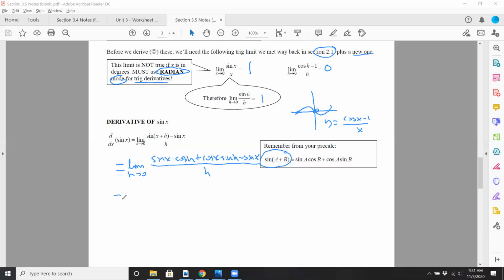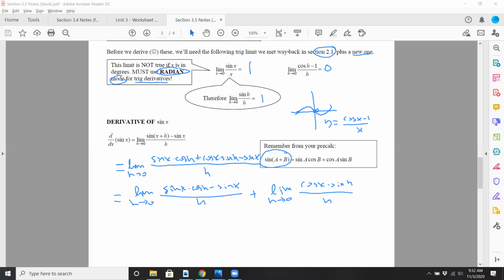Now we're going to have to get a little creative with the algebra here. I'm going to break apart this fraction in this manner: the limit as h approaches 0 of sine x times cosine h minus sine x over h, plus the limit as h approaches 0 of cosine x times sine h over h.